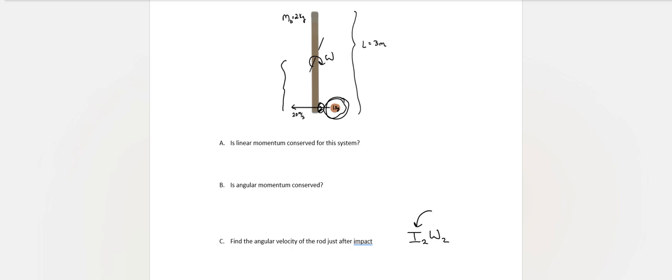The I2 is going to have two terms to it. You've got the bar, and I'll go ahead and tell you, it's 1/12 ml squared for the bar. But you also have to include the putty, so you have to add an m times this distance squared for the fact that the putty is part of the system. And then you can calculate an omega 2 out of that. It should be no problem at all.